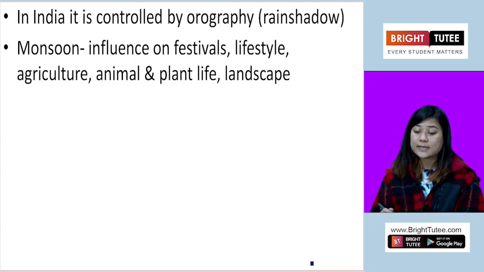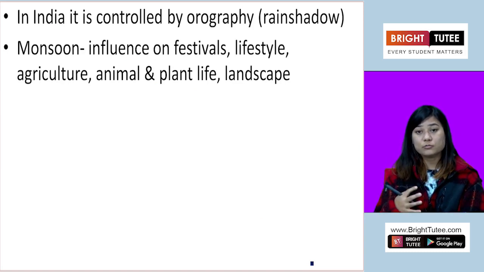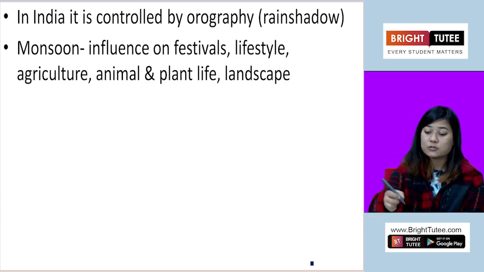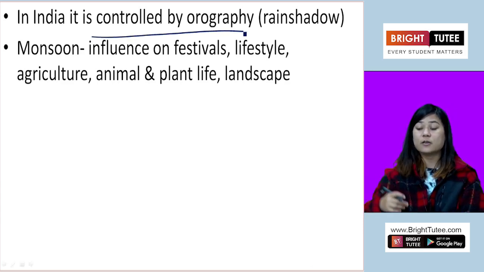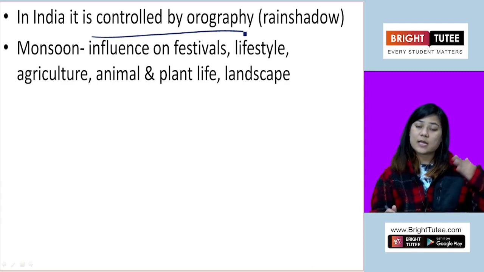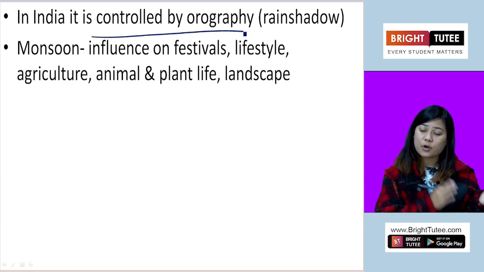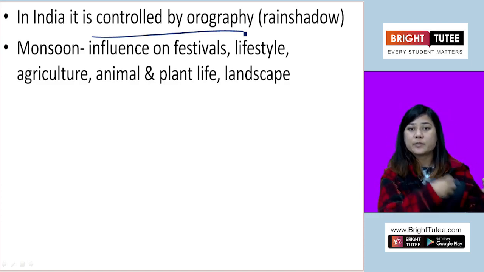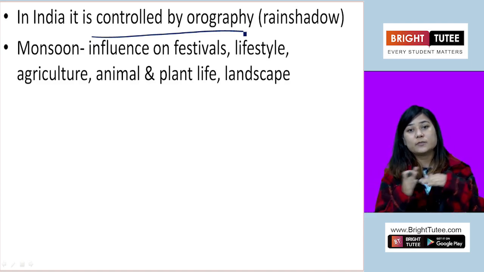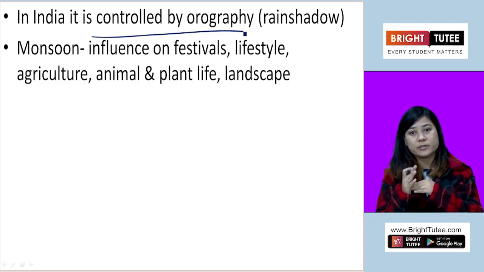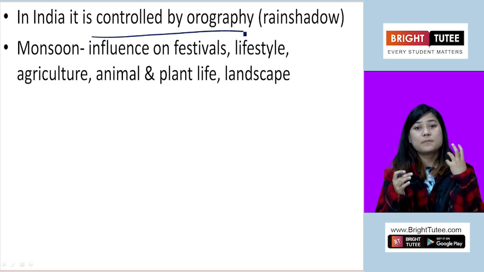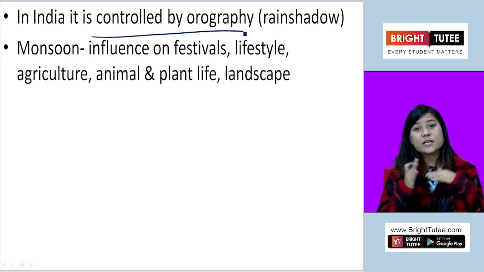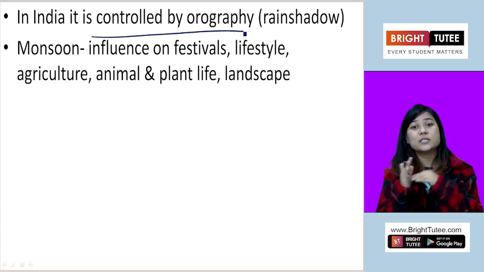So in India, the distribution and the patterns of monsoon are influenced by the orography. That means in the earlier topic, we learned how when the westerly wind, or some wind bringing moisture, comes in contact with a hill or a natural barrier, it makes the wind shed its moisture, and only on that side where the wind comes from.